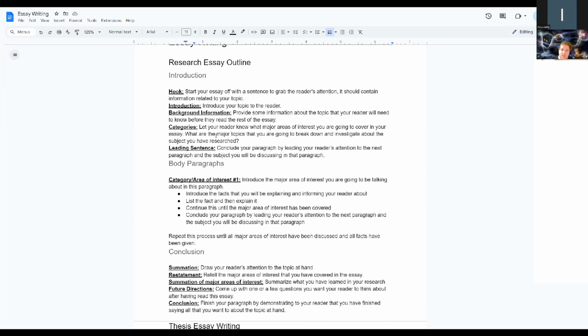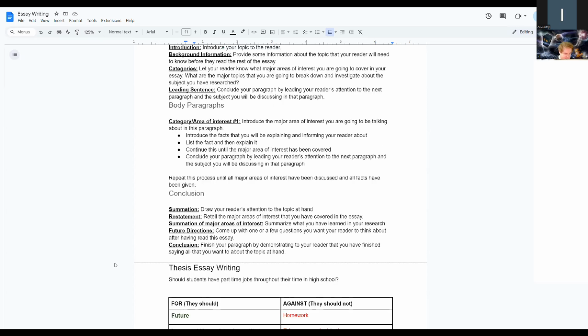In a research essay, if you aren't trying to convince me of something, then you usually write what's known as an explanatory thesis, where we simply let our reader know the primary focus of what we're trying to explain within the essay.